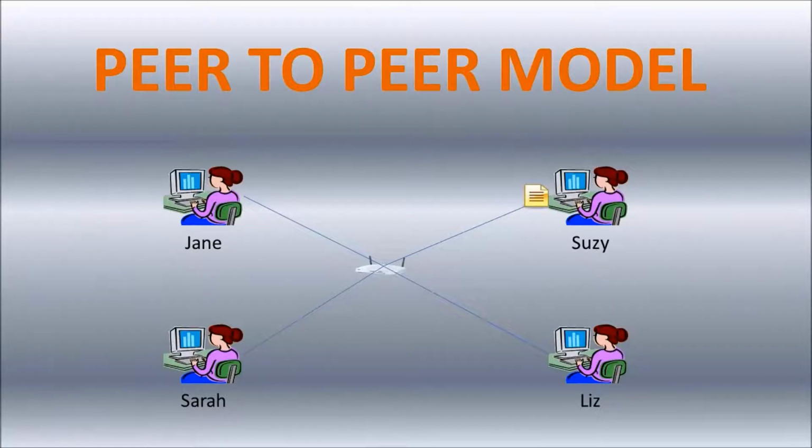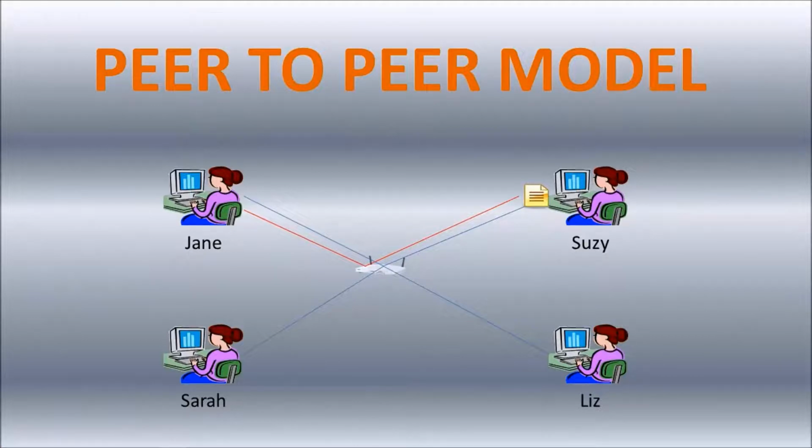But let's throw this into the mix. Let's say that Susie has a document that some other people in the office need access to. There are several options that Susie has. She could email it or get it to them in some other fashion, but most likely what's going to happen is they are going to access that document across the network while it still lives on Susie's PC.